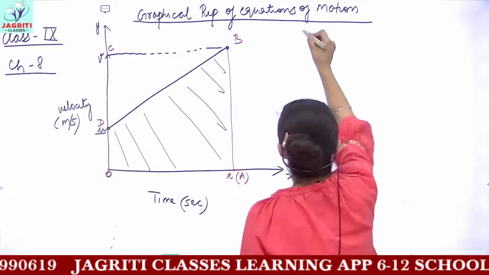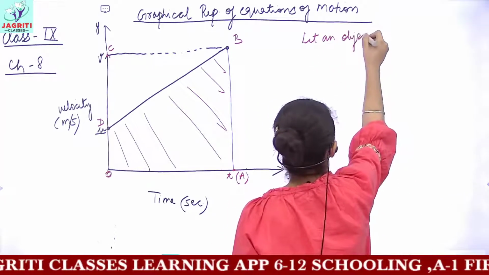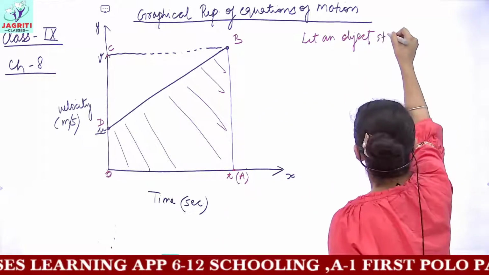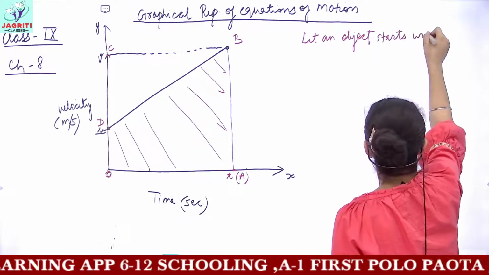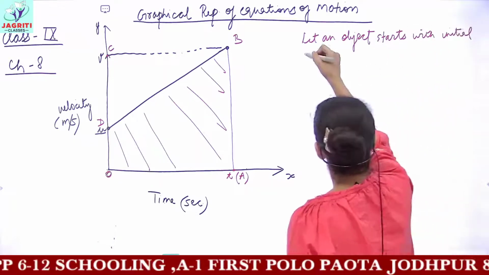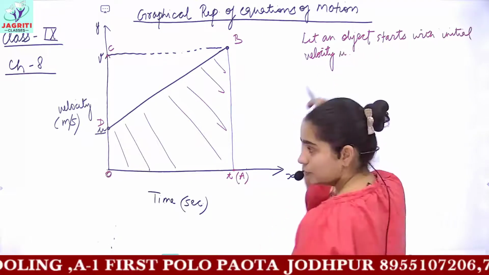You have to write, let an object, everything you have assumed, let an object start with initial velocity u. Okay?